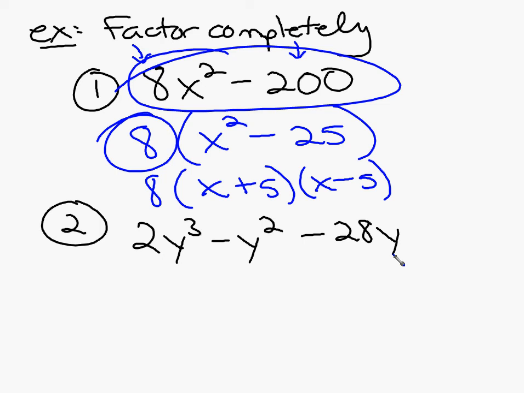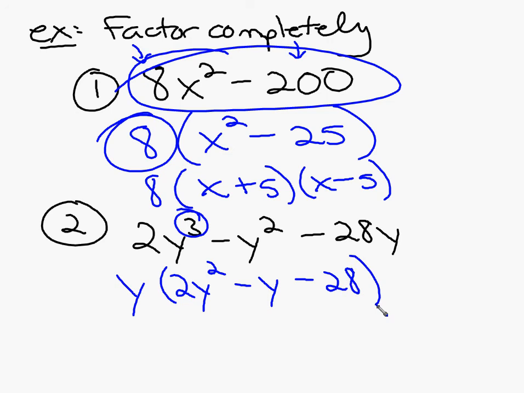Not yet, because I've got this cubed term here. So, yes, we want to take a y out of all three terms. If I take a y out, I'm left with 2y squared minus y minus 28.